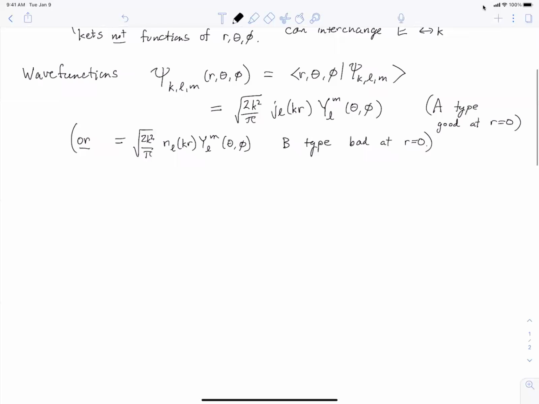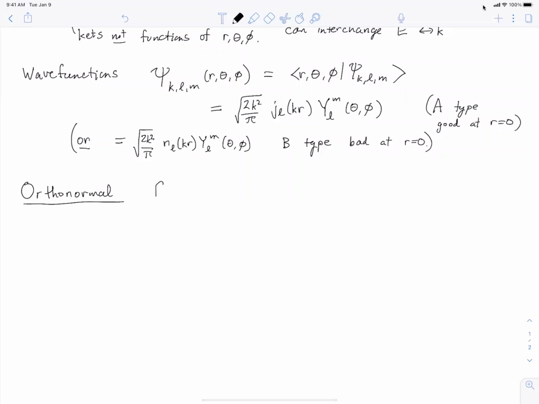Okay, and now some reminders of what these things satisfy. I'm going to write this in just a slightly different way than we did last time for variety. So first of all, there's orthonormality.